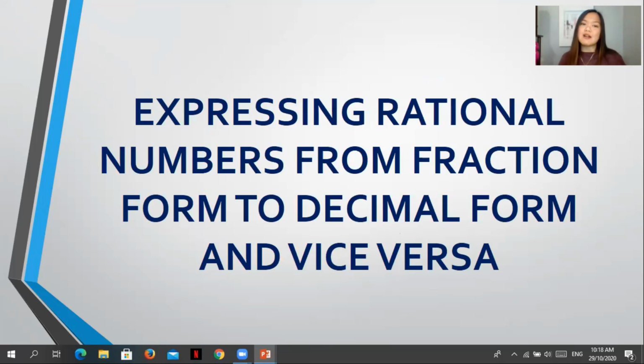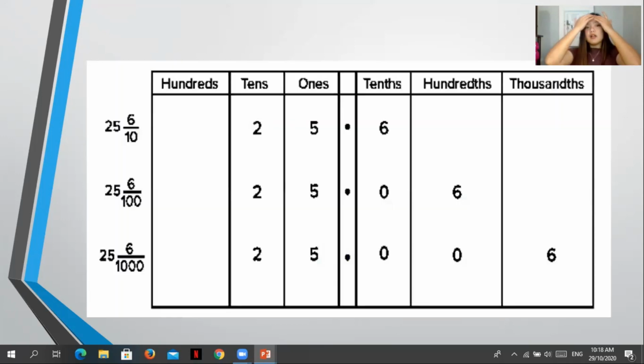So, expressing rational numbers from fraction form to decimal form and vice versa. First, let us identify this one. Place values of a number and a decimal. So we have ones, tens, hundreds, then decimal point, then tenths, hundredths, and thousandths. For example, you have 25 and 6 over 10.